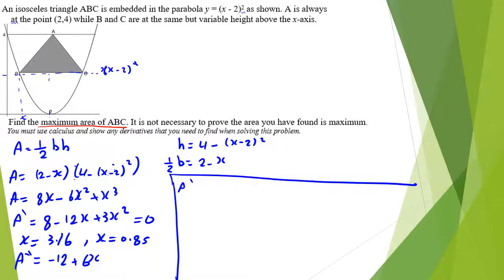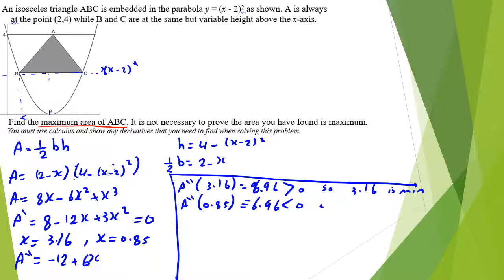So I will substitute the 3.16 into the double differentiated function, and that gives me 6.96, and that's greater than 0. So 3.16 is a minimum. So that's not the one that I want. That means the other one is a maximum. You can also check it if you want, and that gives me negative 6.96, which is less than 0. So 0.85 is a max.